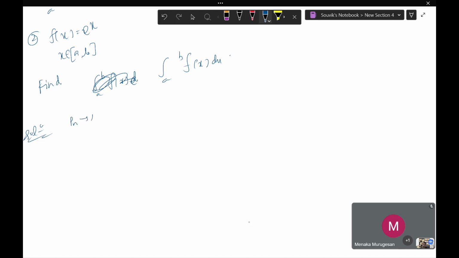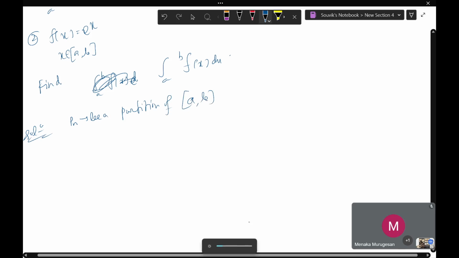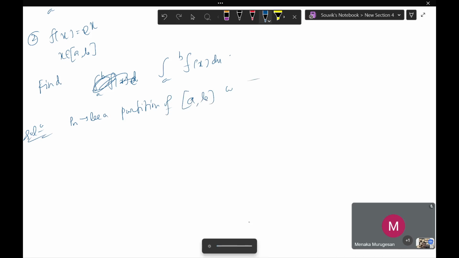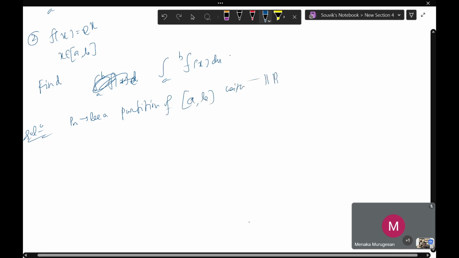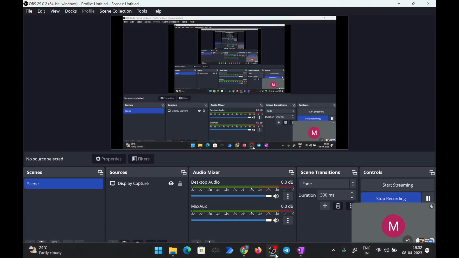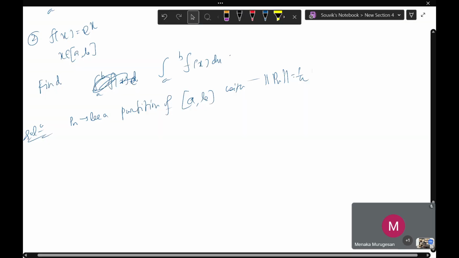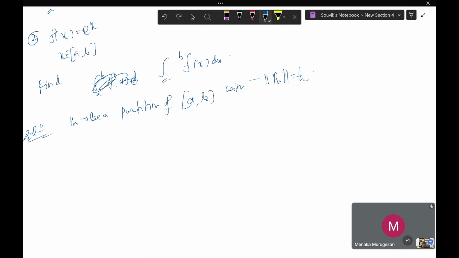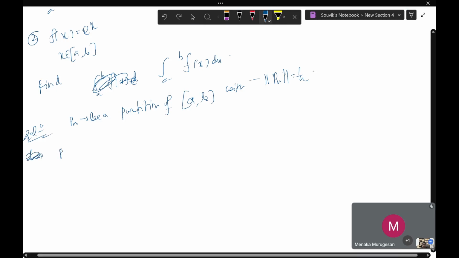Let Pn be a partition of [a, b] with norm of Pn equal to (b minus a) by n. Let h be equal to (b minus a) by n.